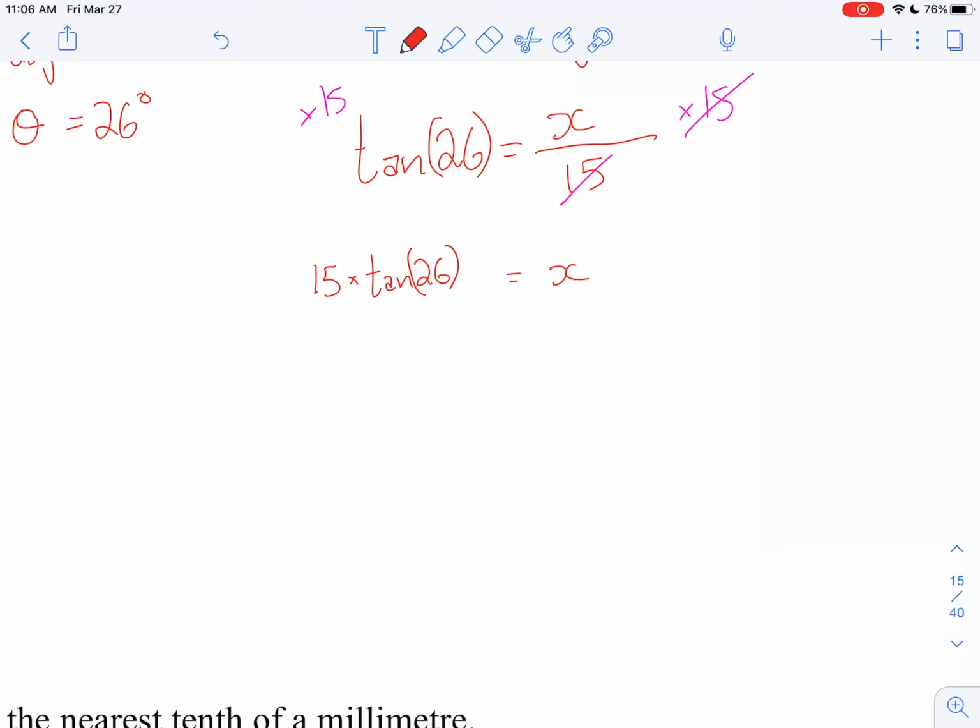Usually when we don't write a symbol in between two constants or two variables, it means multiply. Notice that tan is not being multiplied by 26 degrees. We're saying it is the tan ratio of 26 degrees, so there's no multiplication there. The only multiplication comes here when we're saying it's 15 times whatever tan of 26 degrees is. You could put some big brackets around there. Order of operations says take tan of 26 degrees, the brackets, and then multiply that by 15.